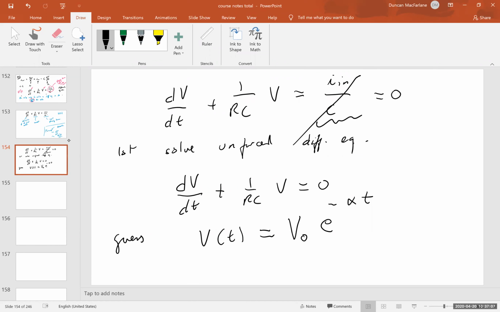So I'm going to guess an exponential form. Now, we know about complex numbers, and so alpha might actually be complex, maybe, maybe not. And if it's complex, then we know we have a sinusoid in there. If it's not complex, I know I have a nice decaying exponential. And this is for units, because I have volts on one side, I've got volts on the other side.